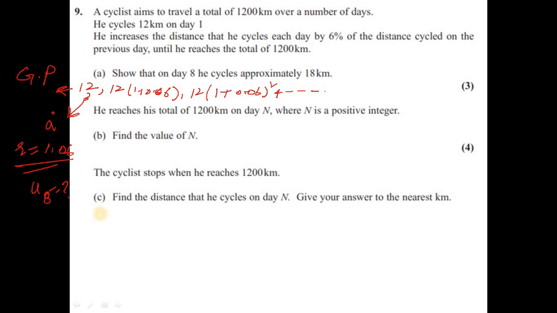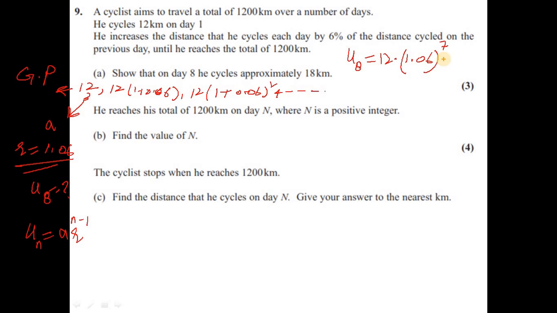And for geometric progression, the general term Un is a r to the power n minus 1. So for part A, U8 is 12 into 1.06, this is your r, to the power 8 minus 1, which is 7.